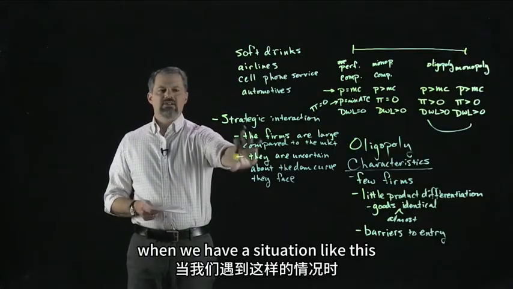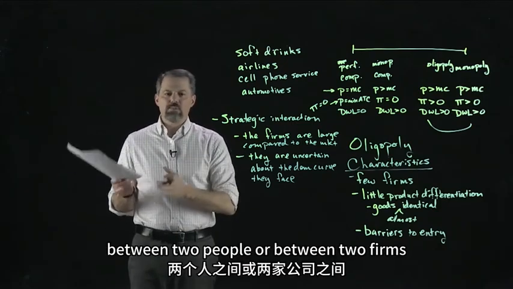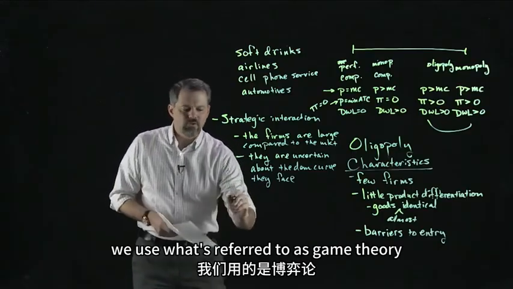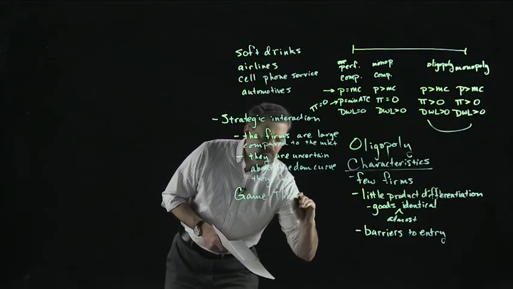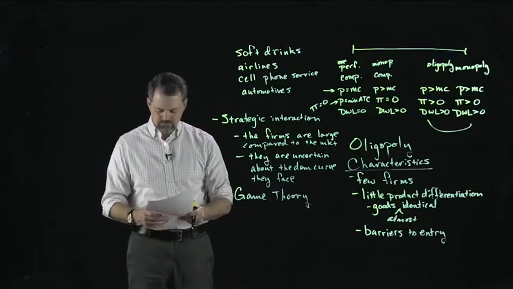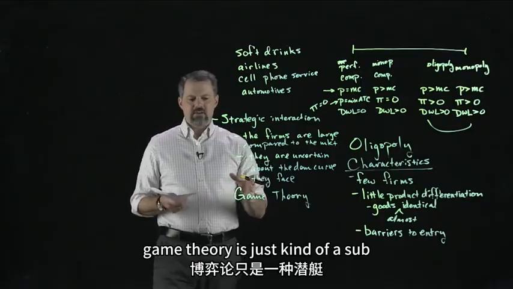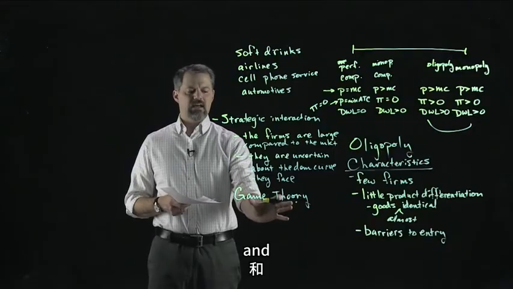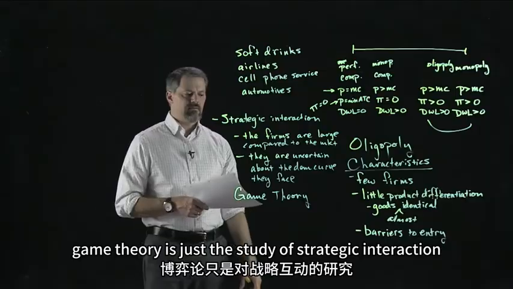When we have a situation like this where we need to study the strategic interaction between 2 people or between 2 firms or between people in a firm, we use what's referred to as game theory. Game theory is just kind of a sub-discipline within the field of economics, and game theory is just the study of strategic interaction.